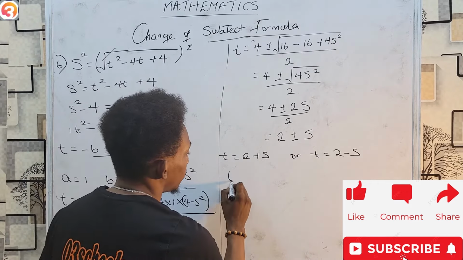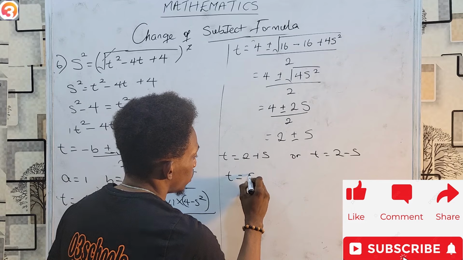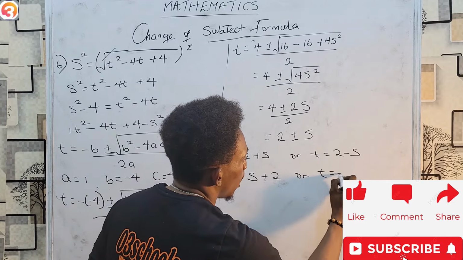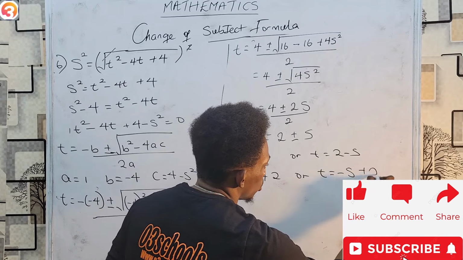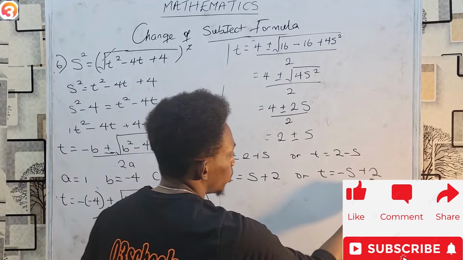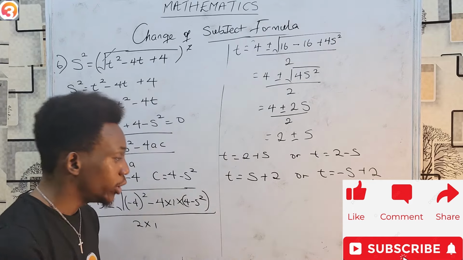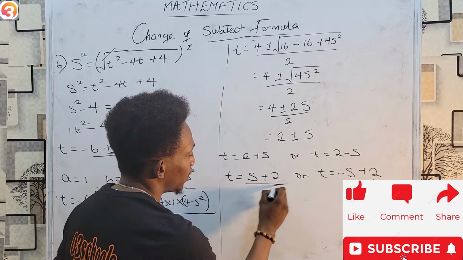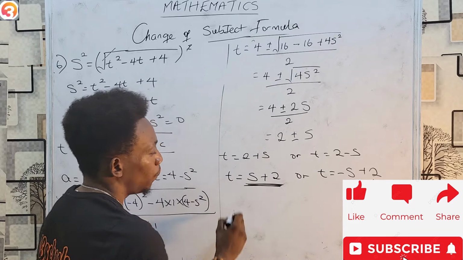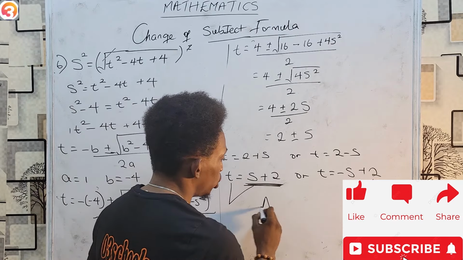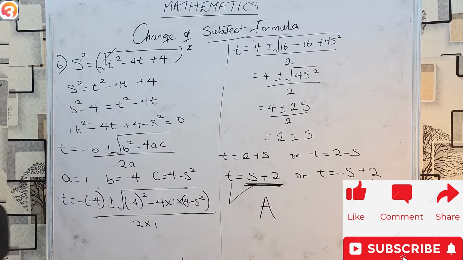So if I rewrite, t must be equal to s plus 2 or t equals minus s plus 2. Now, obviously, minus s plus 2 is not in my options. The only one that was left with me was t equals s plus 2. Therefore, this must be my answer, and that is option A.